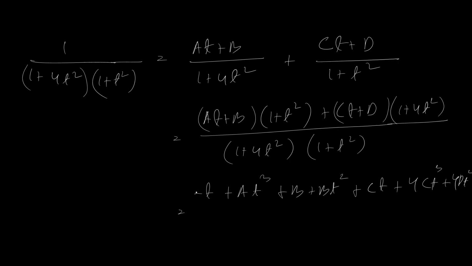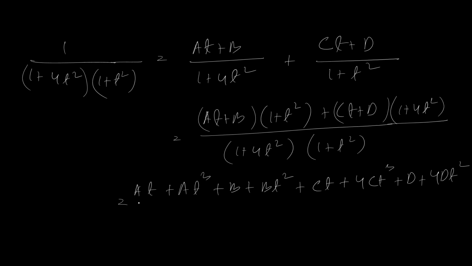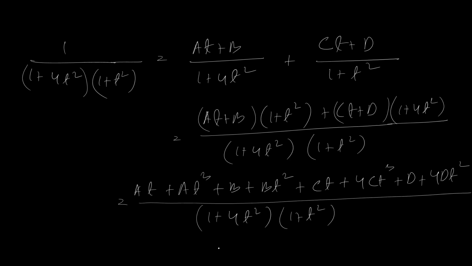Okay, let me do it properly. So multiplying this out, I will get at plus at cube plus b plus bt square plus ct plus 4ct cube plus d plus 4dt square, over 1 plus 4t square into 1 plus t square.